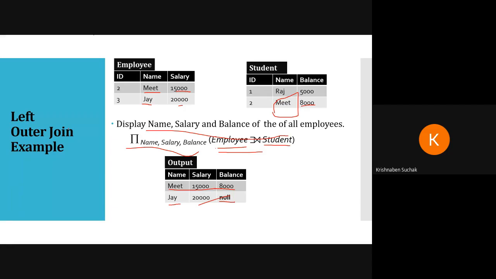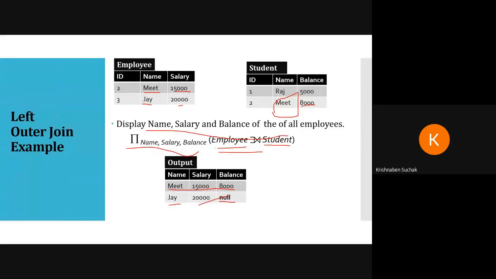That means if I take the right side table's data, what will I get? Only Meet. I am getting Meet's salary and balance from both. Plus, I am getting Jai's salary and balance because Jai's name is there in the employee table, that means in the left table.